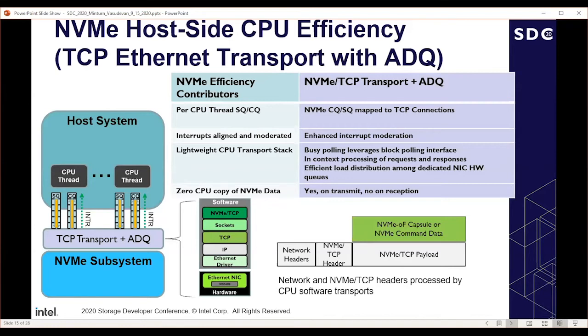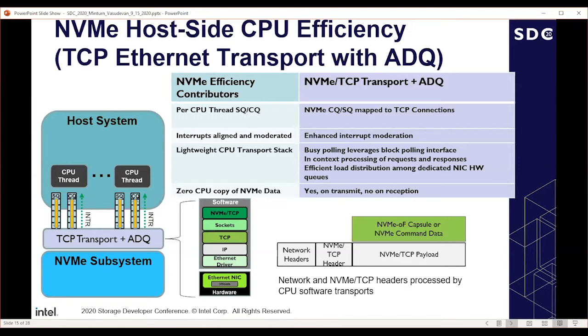The other aspect of it, I showed, the NICs with this ADQ have the ability to have dedicated hardware queues that allow those hardware queues to be associated with the NVMe CQ mappings, such that you don't have multiple packets mapped to multiple TCP connections, mapped to multiple NVMe queues that the software has to essentially unravel.